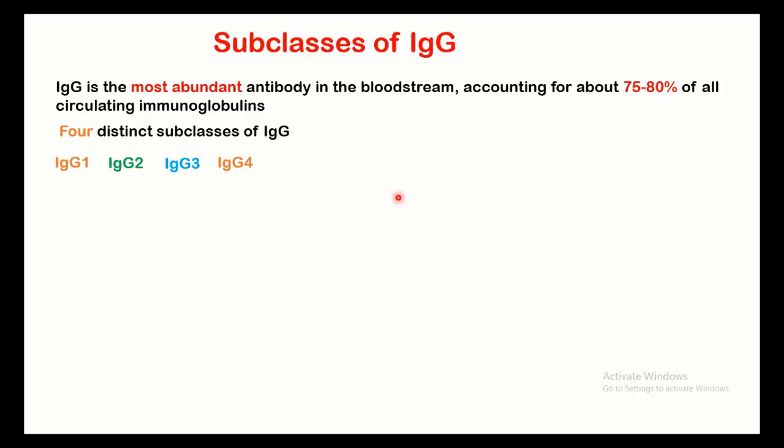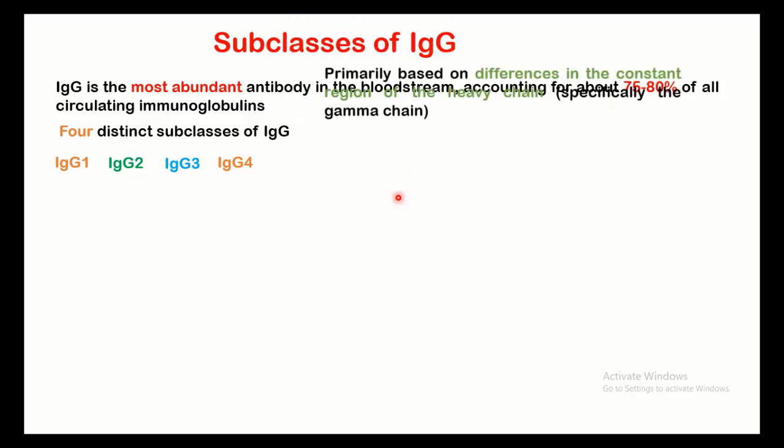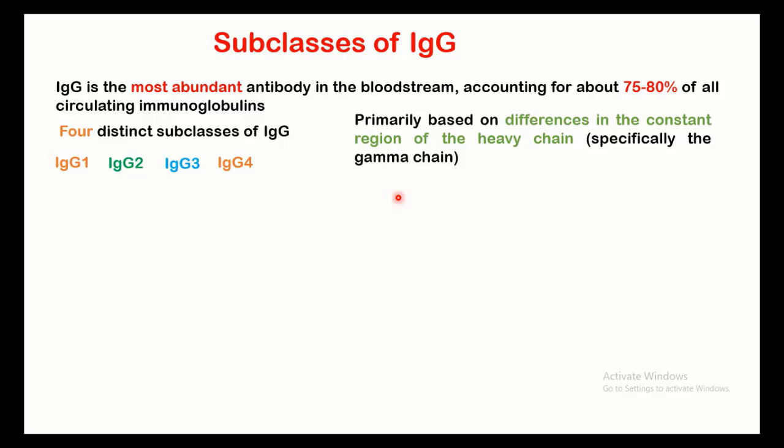These subclasses are based on differences in the constant region of the heavy chains. Whenever we talk about immunoglobulin G, we are talking about the gamma heavy chain, because this is the type of heavy chain that defines immunoglobulin G.